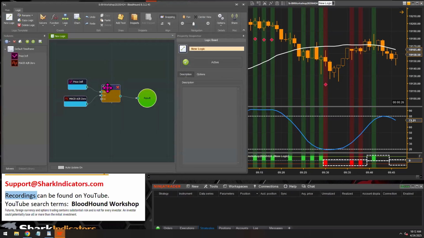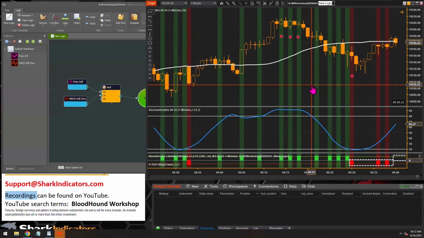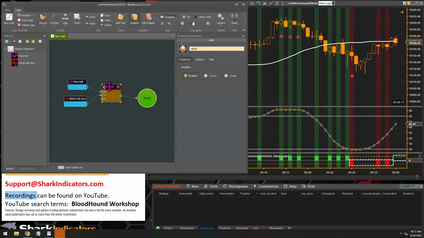Now, the way of removing a signal based on some condition, like this simple one of the stochastic being overbought or oversold, is a component of an AND logic node.